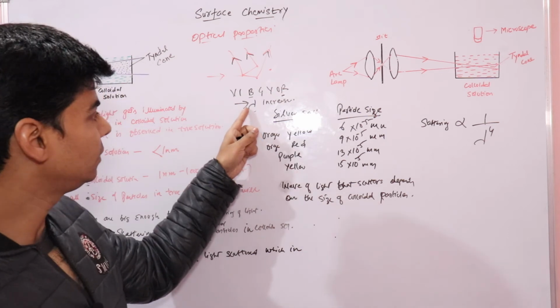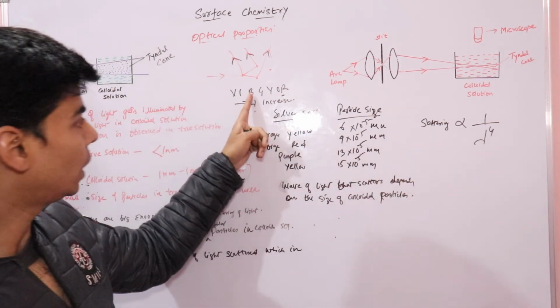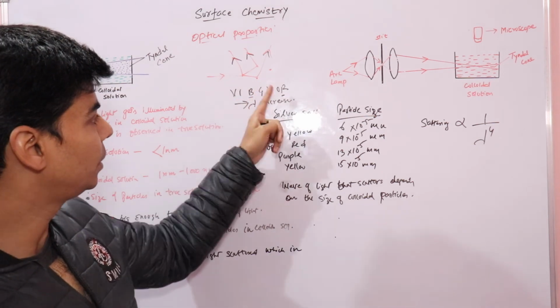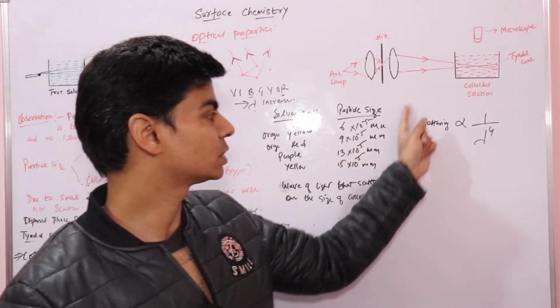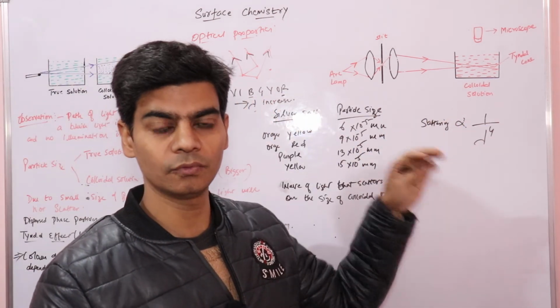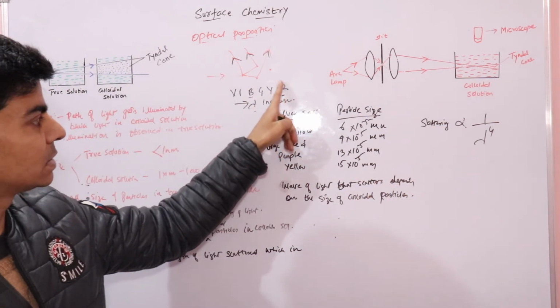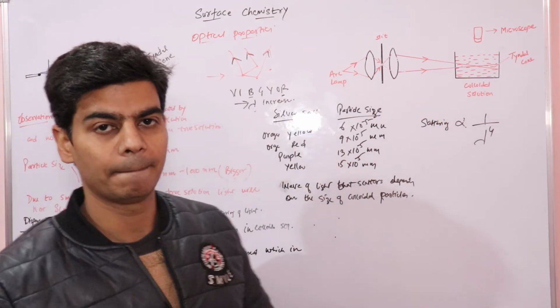Since scattering is inversely related to wavelength, blue has less wavelength, so scattering would be maximum in case of blue color. And since red has maximum wavelength, scattering would be minimum.